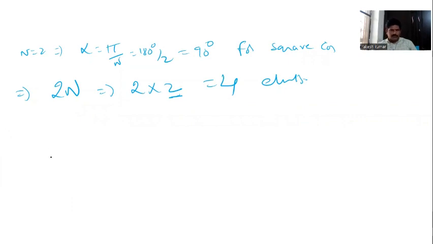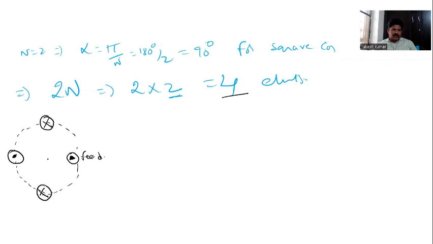Okay, so for example, let us consider this is the feed element, the real element. Draw the circular path. Total how many elements will be there? 4 elements. But the adjacent one is of opposite polarity. If this is considered positive, this is negative, again positive, and this is negative.